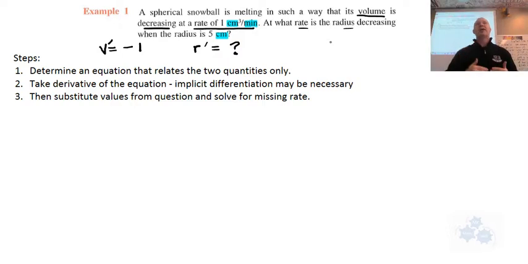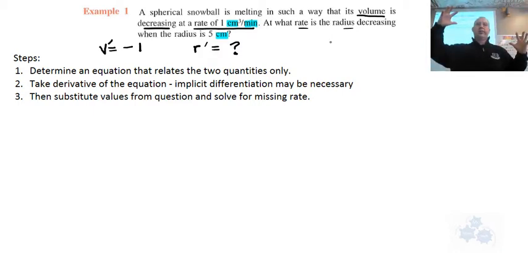So the rate of change is not constant throughout the whole process. If the snowball is big, the volume is going to change pretty slowly, compared to if the snowball was small, where the volume is probably going to change quite a bit more, right? Because it's small and it's getting smaller and smaller and smaller, and all of a sudden, boom, you go from a volume to zero really quickly, it seems.